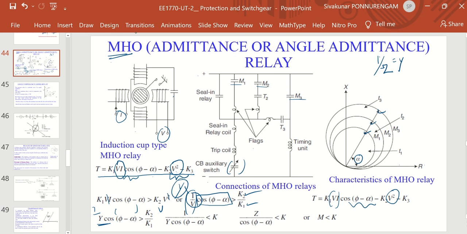Based on this analysis, the operating quantity and the restraining quantity are equated, and V will be cancelled. Then I by V is called Y. This is called the Mho relay.